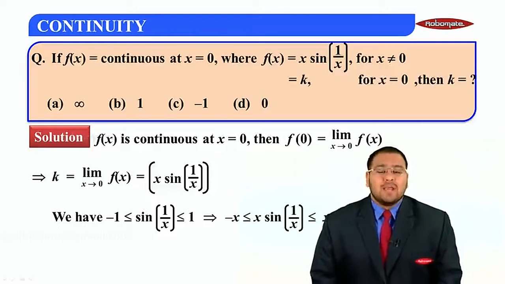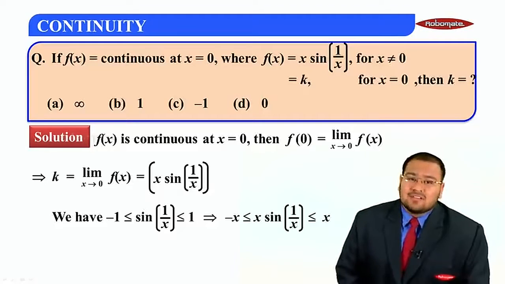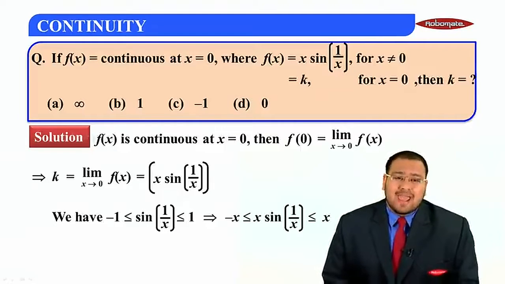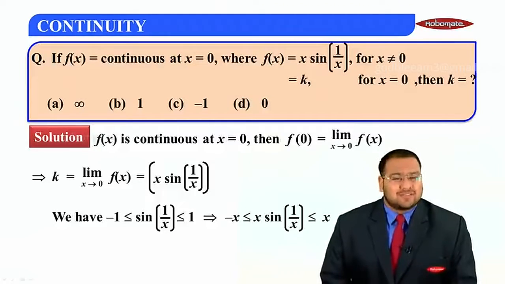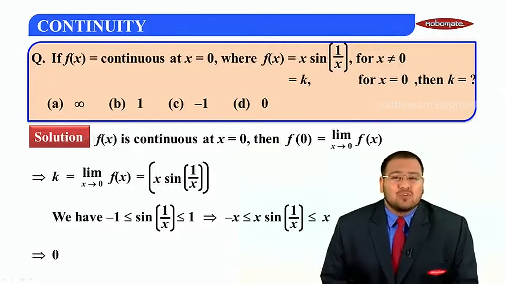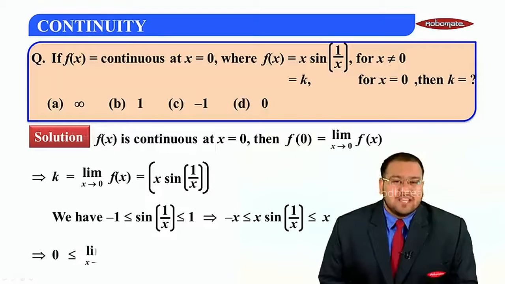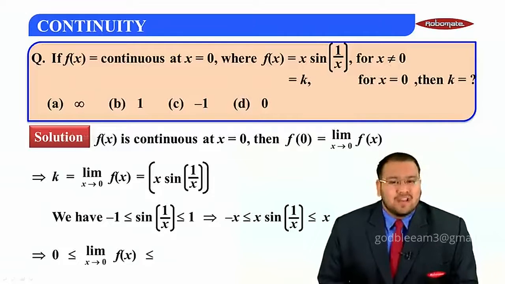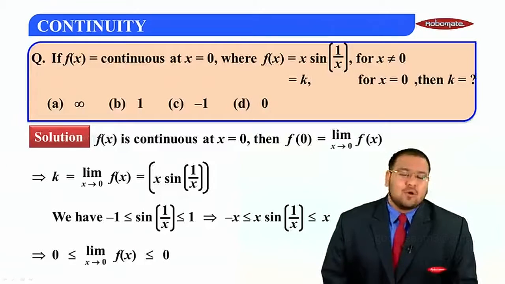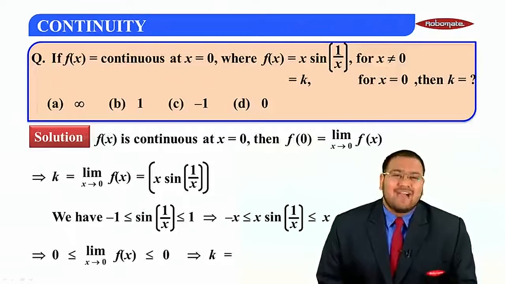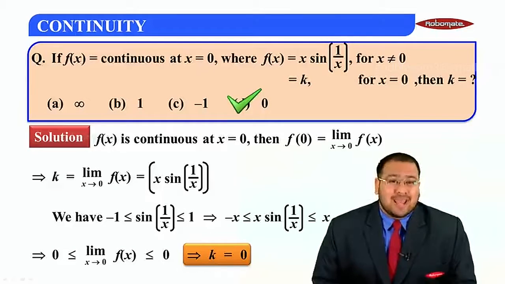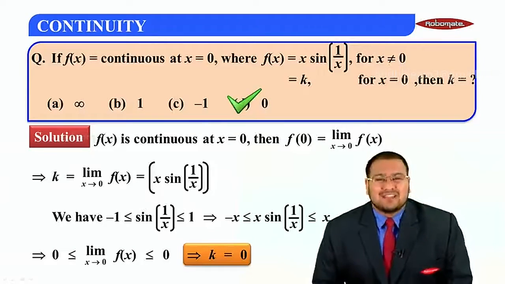Hence the value would be -x is less than or equal to x sine of 1 by x, which is less than or equal to x. And as x is tending towards 0, the value would be 0 less than or equal to the given function, which is less than or equal to 0. And hence we get the value of k is 0, and hence option D is the correct answer.